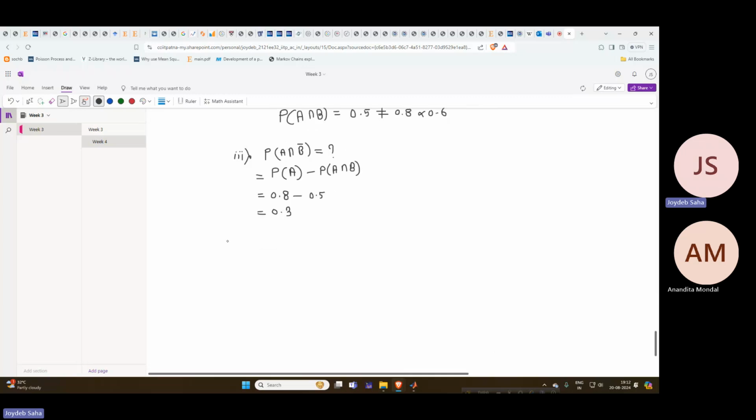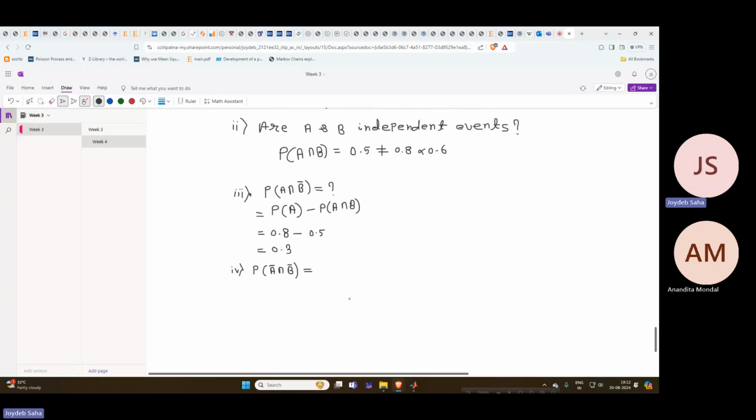Now we will come to the next part of this question. What will be the probability of A complement intersection B complement? Now please try to think.